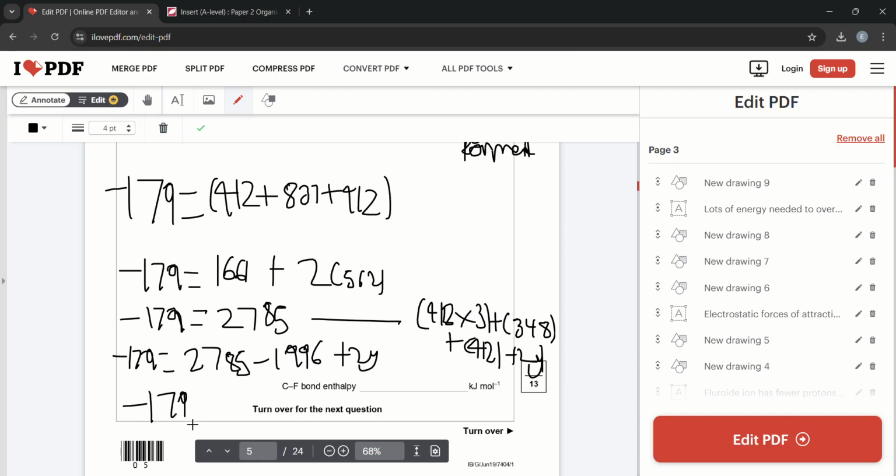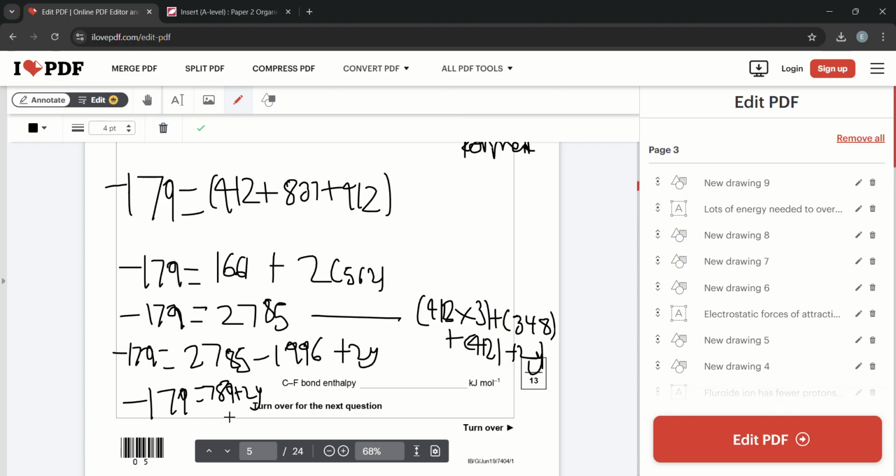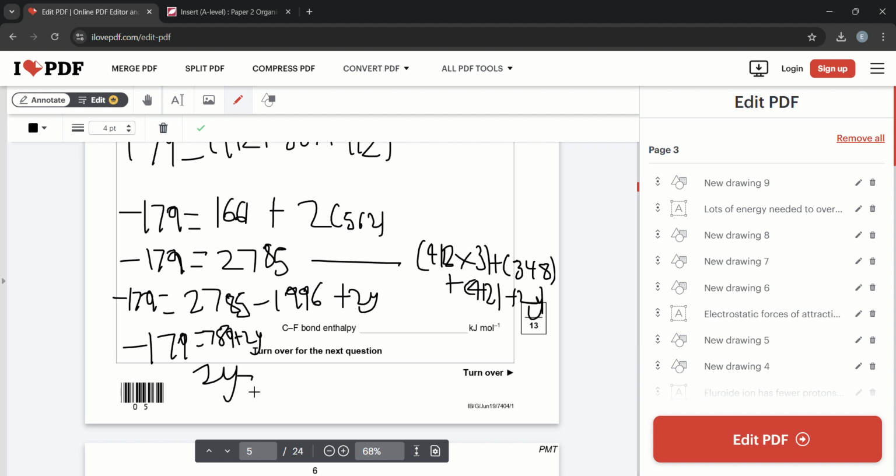Minus 179 equals 789 plus 2y. Minus 179 minus 789. 2y equals minus 968. y equals minus 968 divided by 2, minus 484.